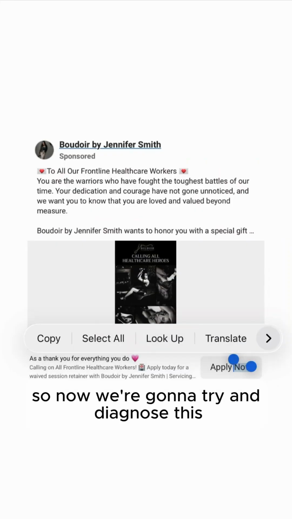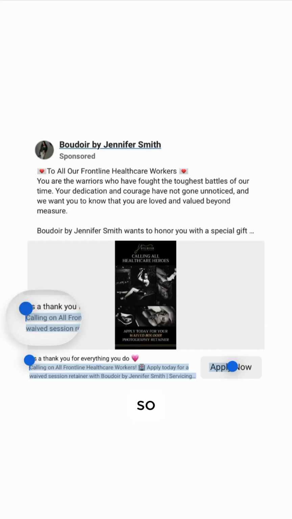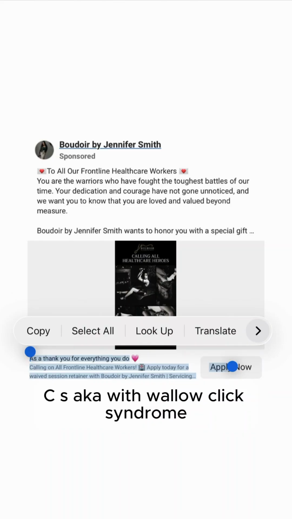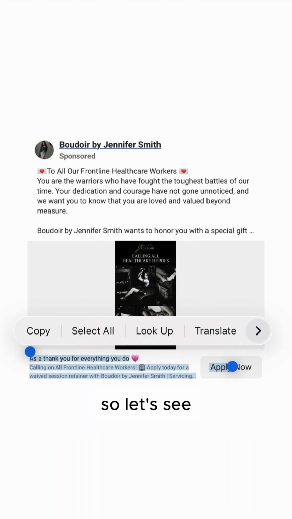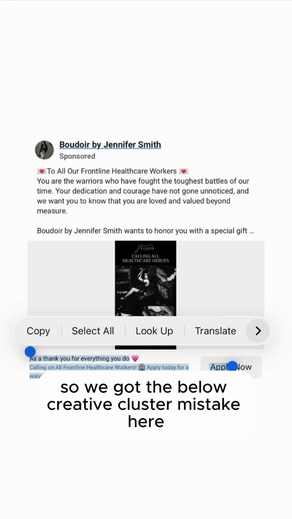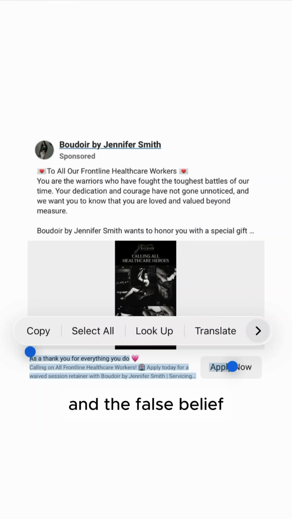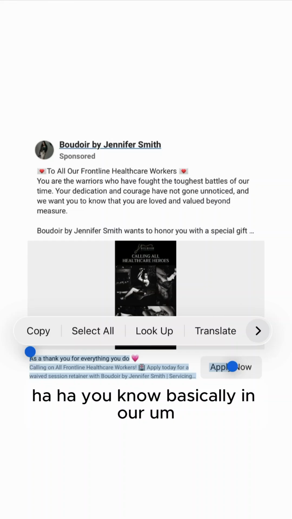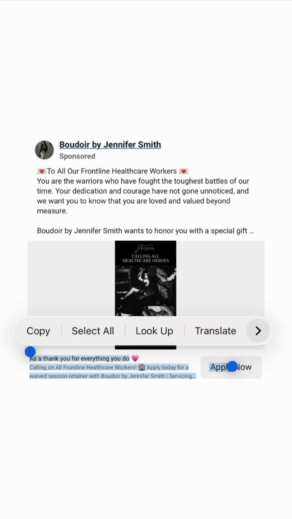So now, gonna try and diagnose this. So we're gonna diagnose this if we believe this has BLCS, aka Boudoir low click syndrome. So let's see. We got the below creative cluster mistake here. And the false belief that caused us to make this mistake is filling out everything Facebook tells us to fill out in our Facebook ad manager.